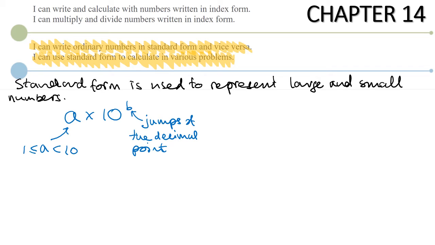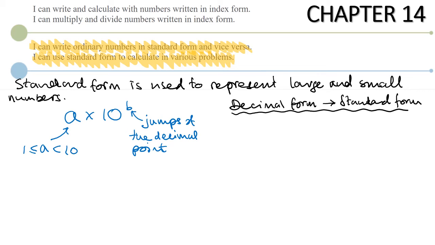So let's start by converting from what we call decimal form, so this is normal numbers, to standard form. Here's some examples. Let's say I've got 2,300, and I want to convert that to standard form. The first thing we need to do is look at where the decimal point is, and it's actually here, and we need to move it so it turns the number into a number between 1 and 10.